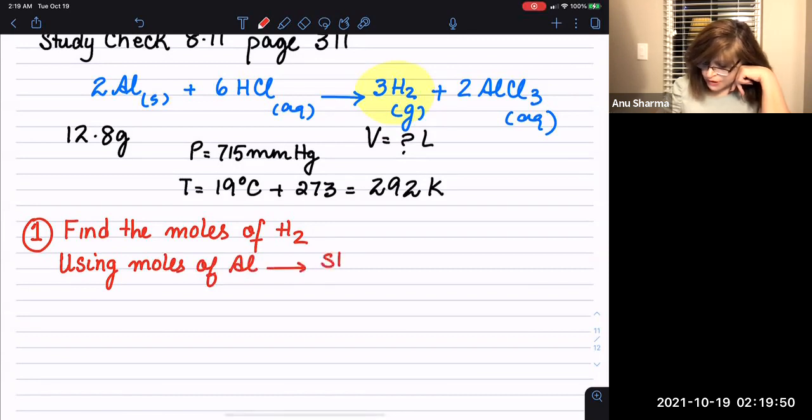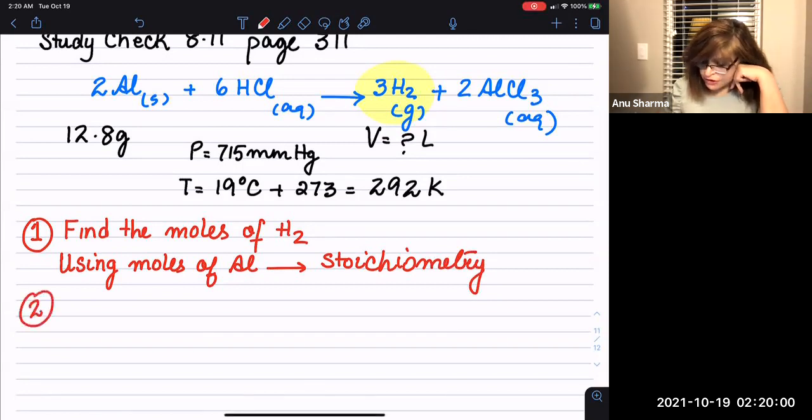Through stoichiometry, which we did in the previous chapter. All right. Next, once you get the moles of hydrogen, then that is going to be the value of n. Then PV is equal to nRT.